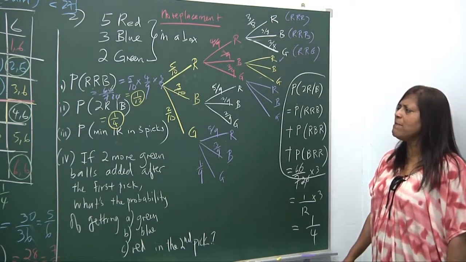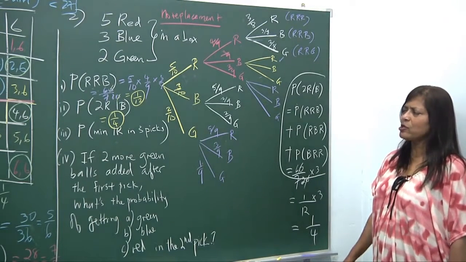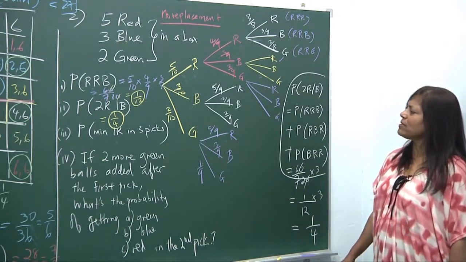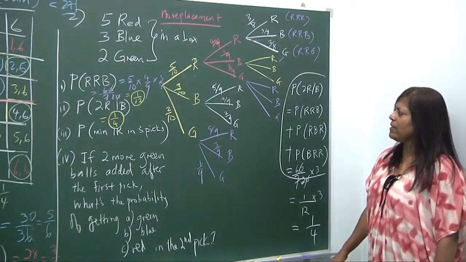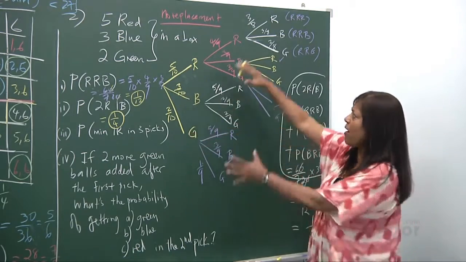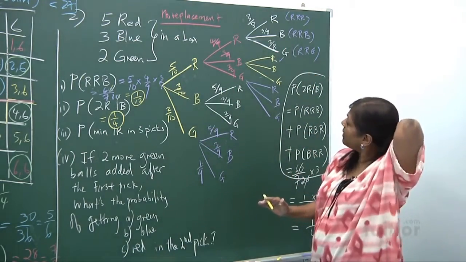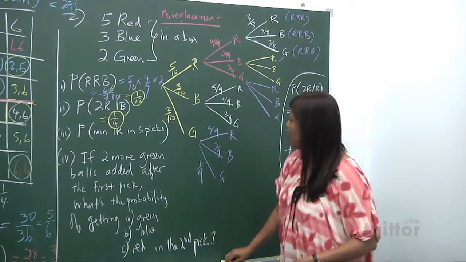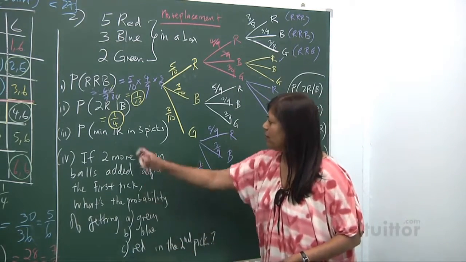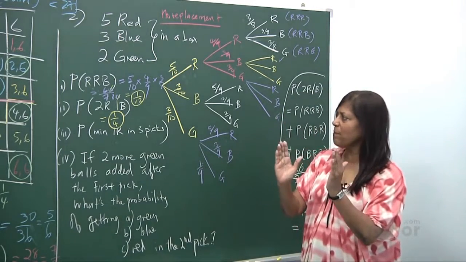Now if you want minimum 1 red in 3 picks, that means you just take 1 whole, you can get a red. If you look at it, you have to draw out the probability tree. Look at how you can get 1 red in 3 picks. Now, if I were to draw that out, you have a probability of 1 red in 3 picks.